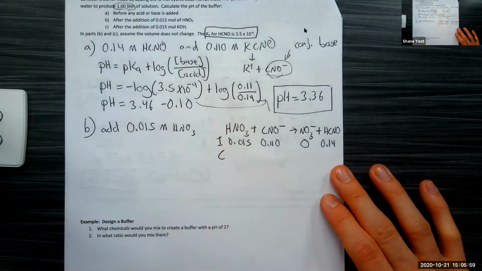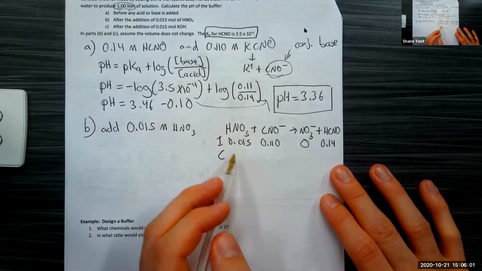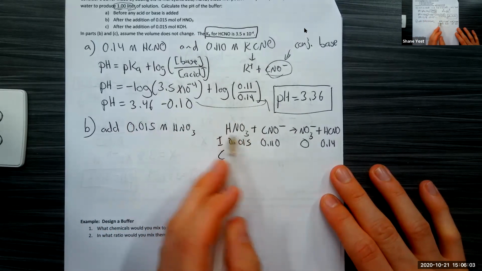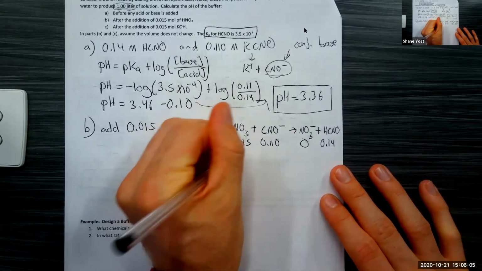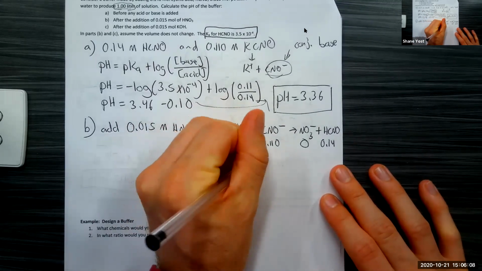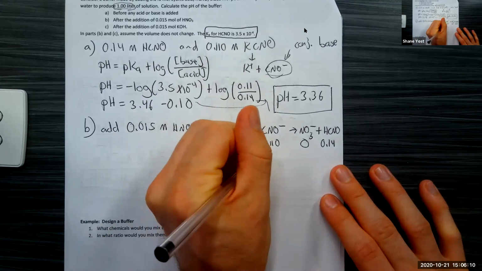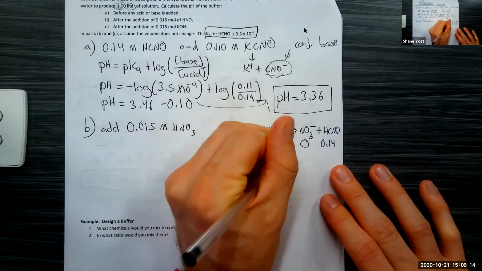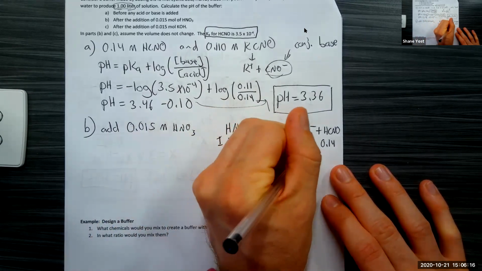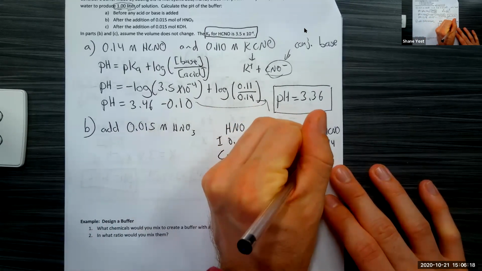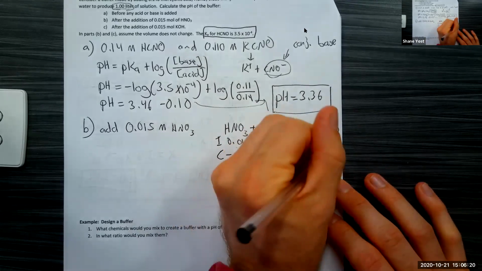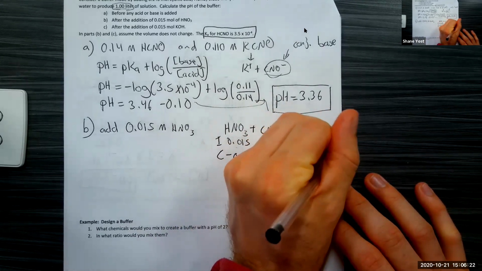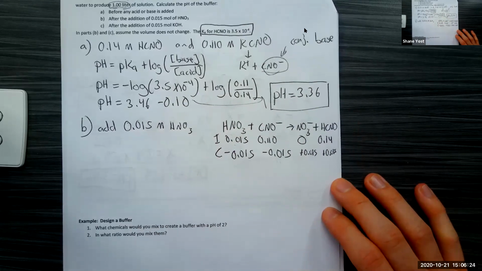This reaction goes to completion, which means I'm going to use up my limiting reagent, HNO3. I'm going to lose all of my HNO3, which will react with equal amounts of CNO−, and that's going to form that amount of NO3− and 0.015 of HCNO.